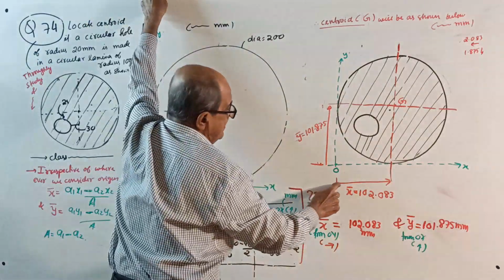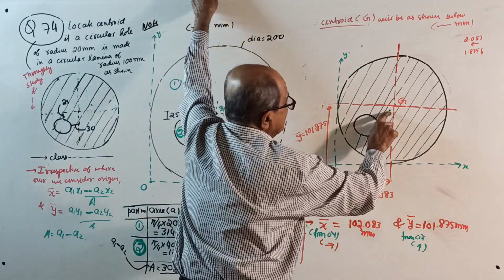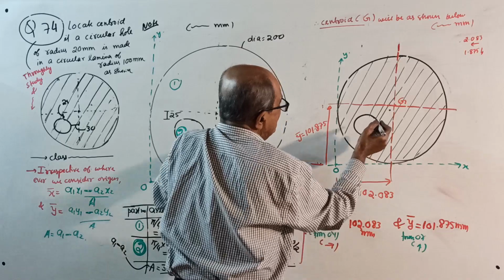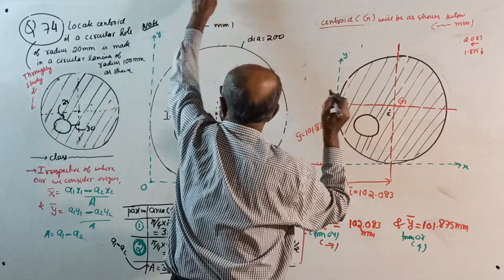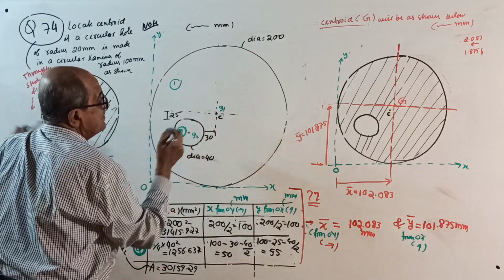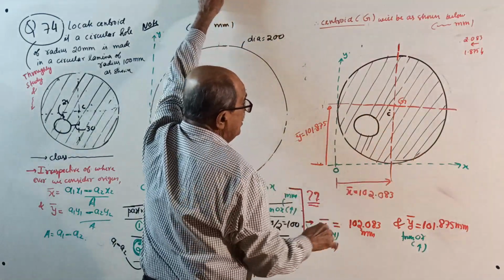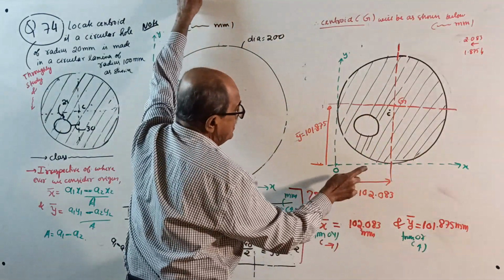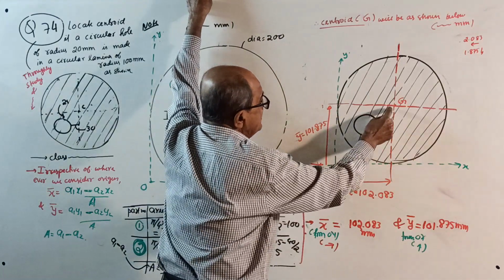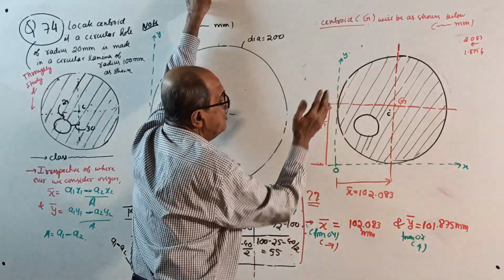So see here, x bar. This is the center of circle. You can make a note here: this is the center of circle. Just a note, to understand. Last time I forgot. So x bar we got 102.083, meaning from here to center is 100, little more. And y bar you got 101.875, slightly above.